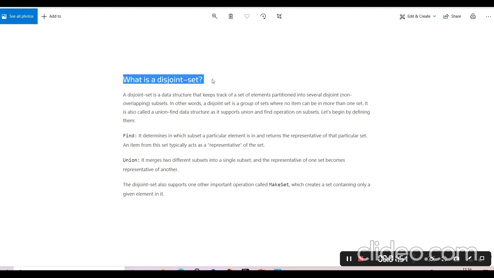So you can see that in a disjoint set, we are going to use two operations. One is called find, finding a particular element from a particular set, and then the union operation, merging two different subsets into a single subset.